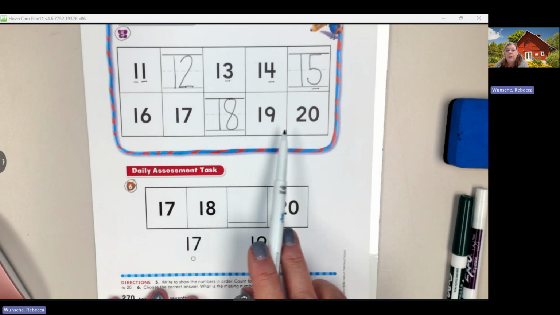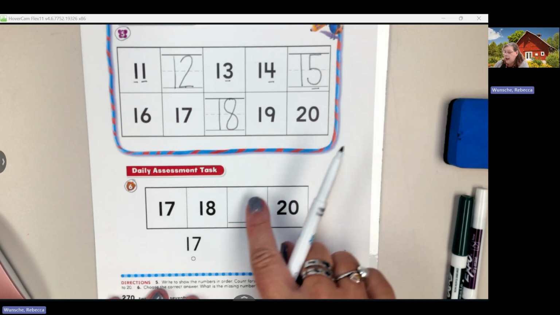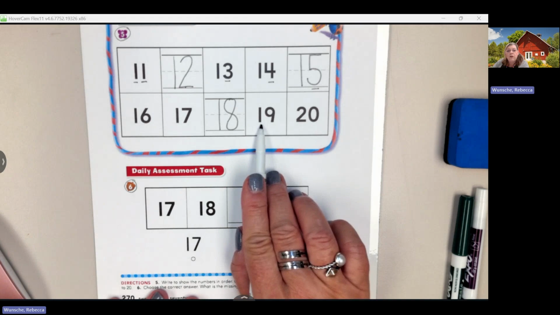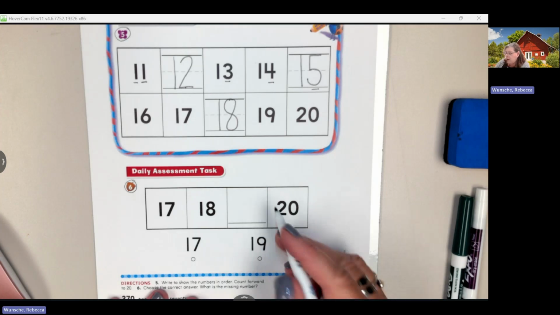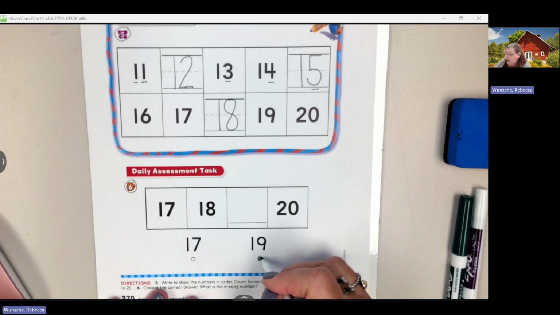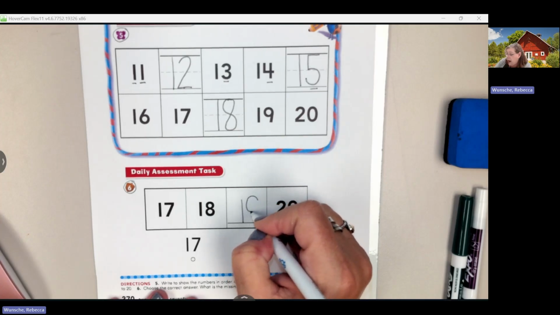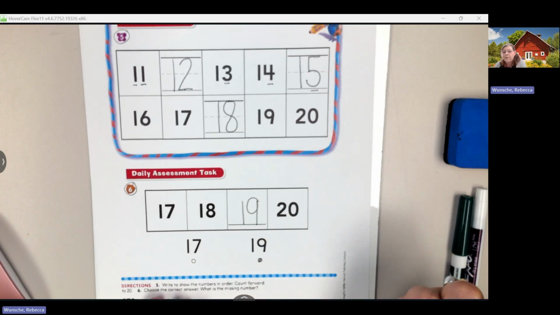They helped us with this a little bit. So if we went from 20 and we're going to go back one, what was our number that was right before 20? Our number that was right before 20 was 19. So 17, 19, which one are we going to choose? We're going to choose 19, and I'm going to go ahead and write it in because I think that's great extra practice to go ahead and write your number in that blank.